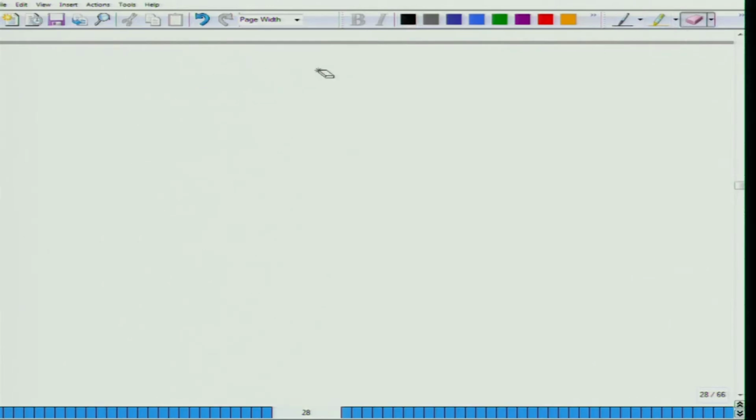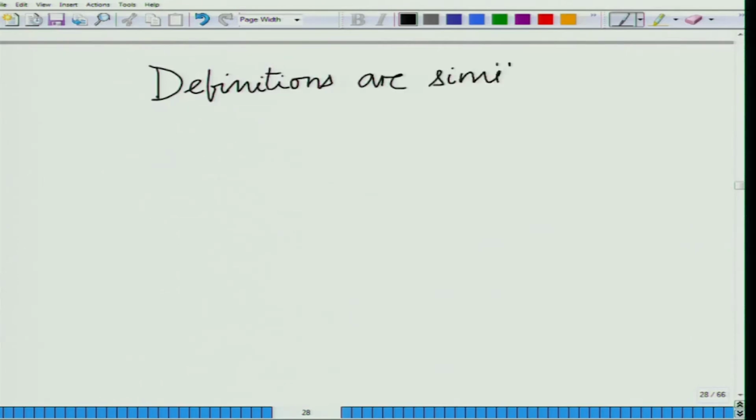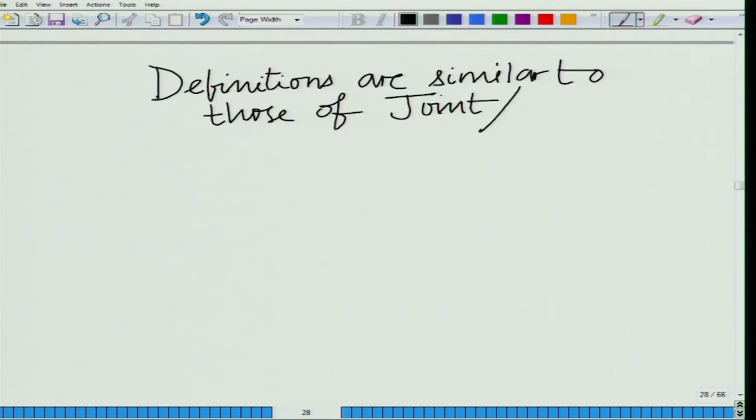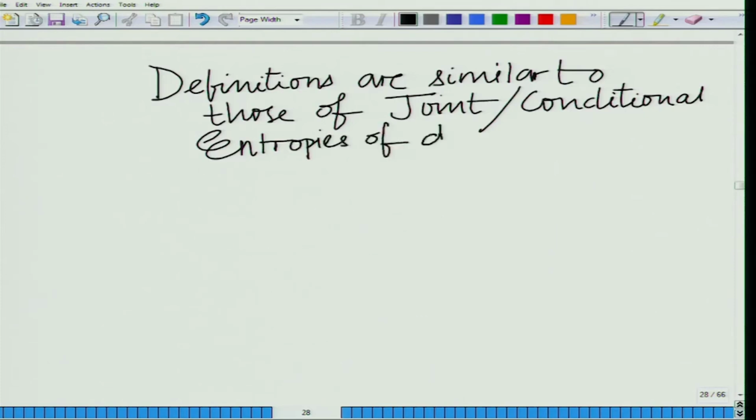So the definitions are similar to those of the joint and conditional entropies for discrete sources.